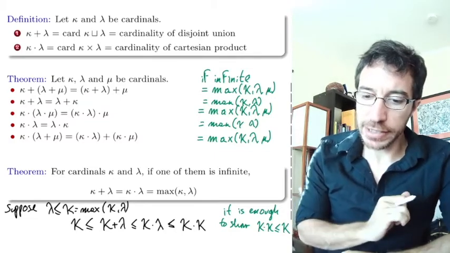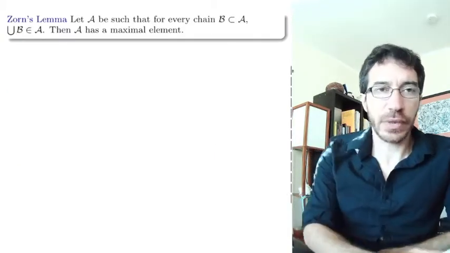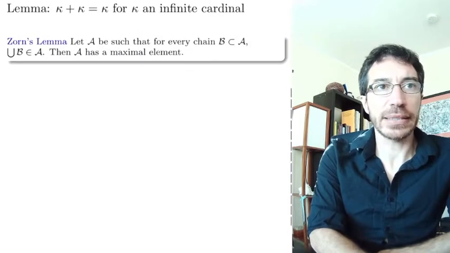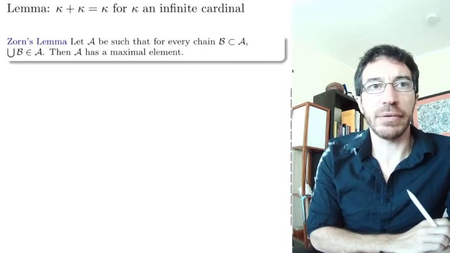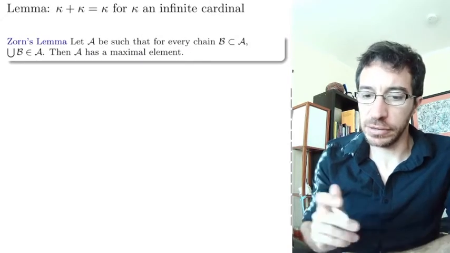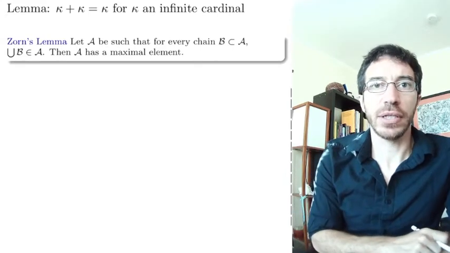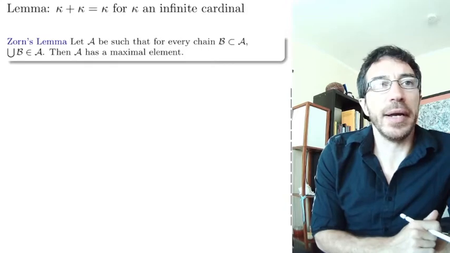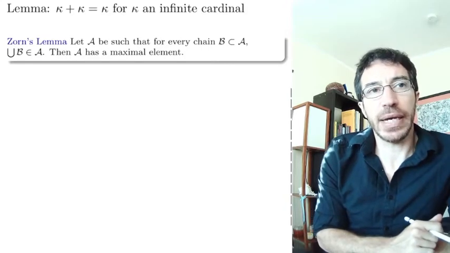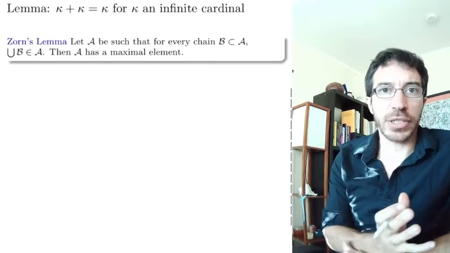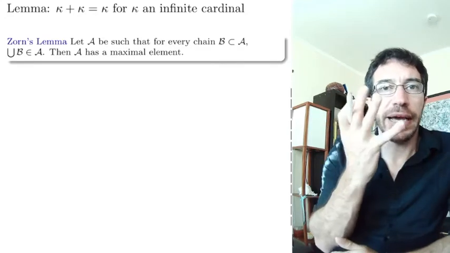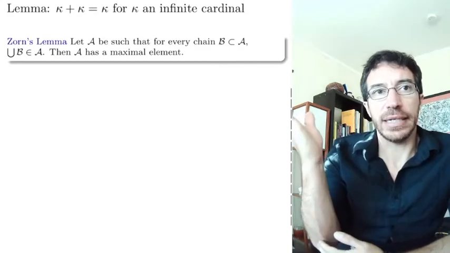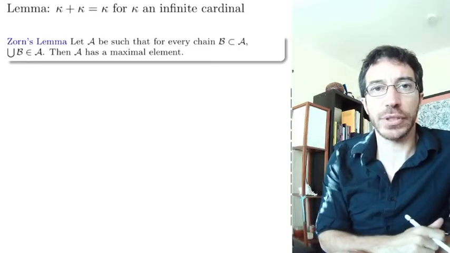Okay, so let's start proving that kappa plus kappa equals kappa for any infinite cardinal kappa. For a finite cardinal we know that's not true unless it's 0, but for an infinite one it's going to be true. And we're going to use the axiom of choice, as I already said, in the format of Zorn's lemma, to prove it.